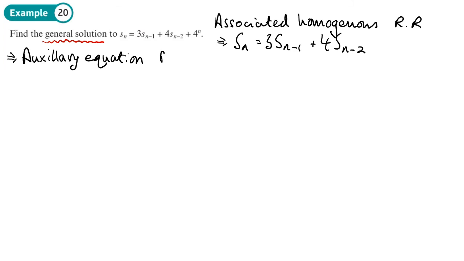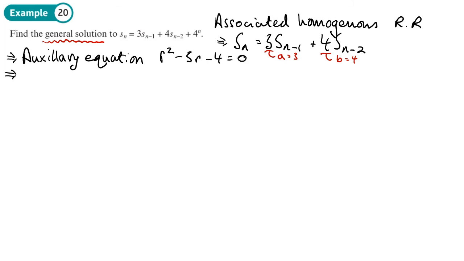So that will be r squared. Now what have we got here? That would be the value of a, which is 3. That would be the value of b, which is 4. So r squared minus ar, or 3r, minus b, so minus 4 equals 0.